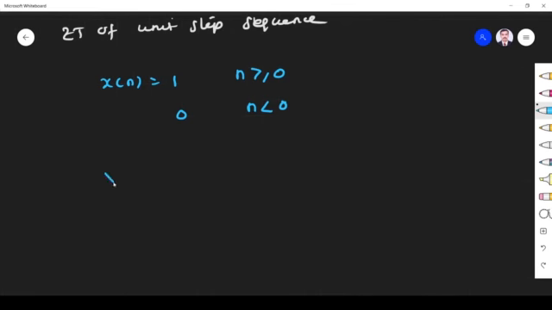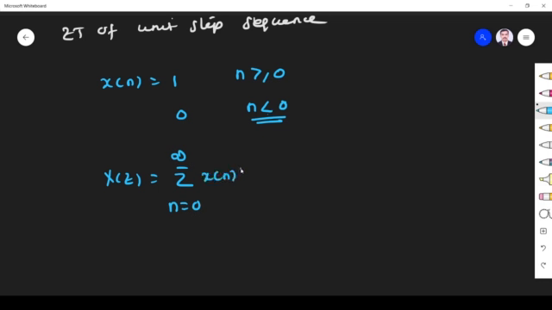Here x of z, n varies from minus infinity to plus infinity. For negative n, that is n less than 0, x of n is 0. So it exists only for positive n, and I go from n equal to 0 to infinity. I don't need minus infinity to plus infinity.